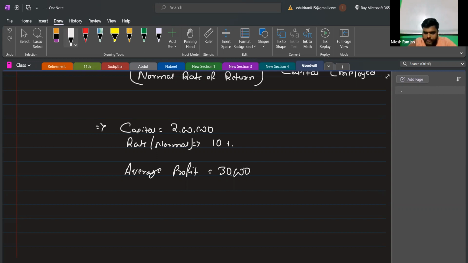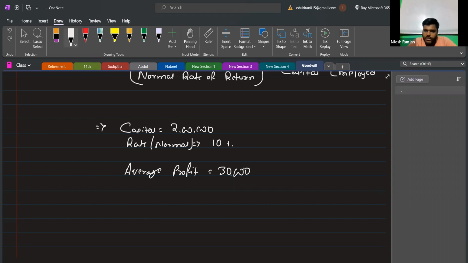Aditya, what's your answer? Should I repeat the question? The capital of the firm, which is invested in the firm, is 2 lakh.